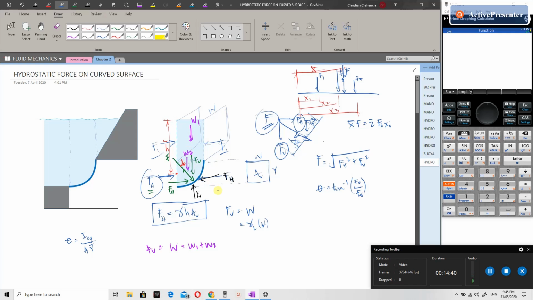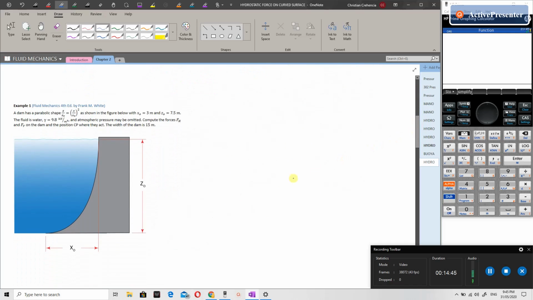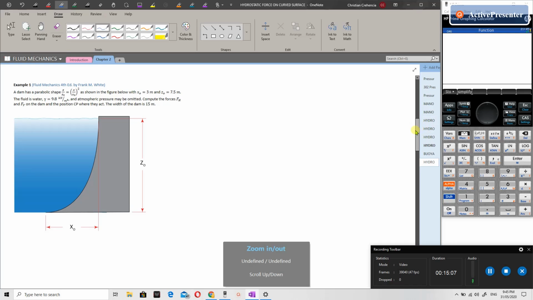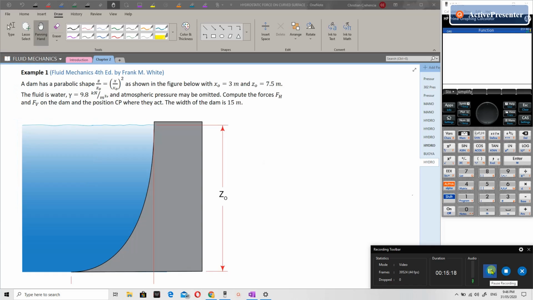So let's apply that solution to our example. Okay, I'll just zoom in a bit.